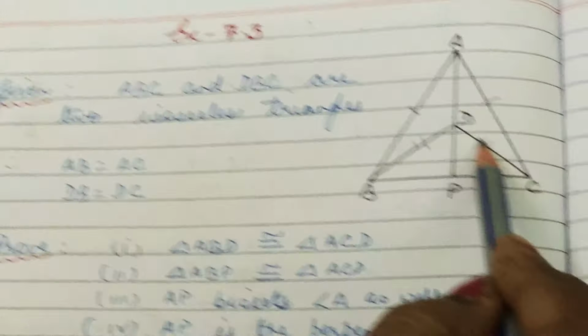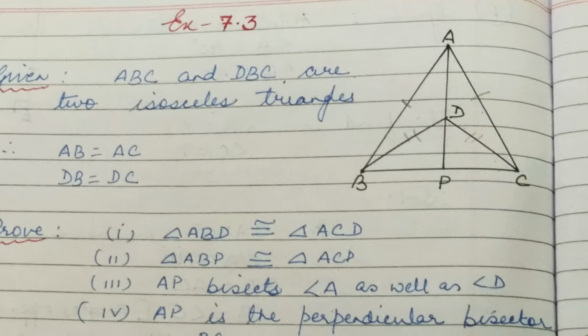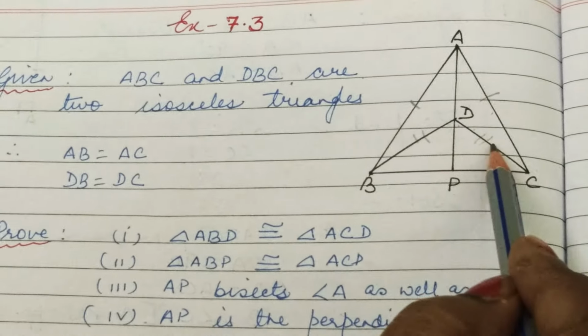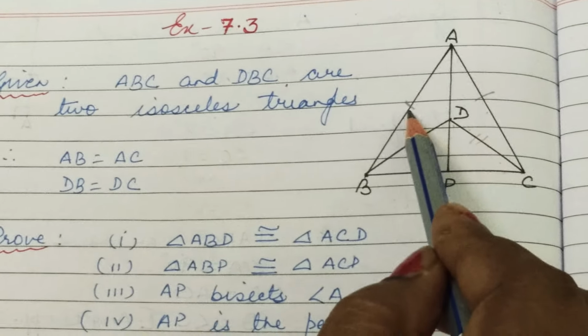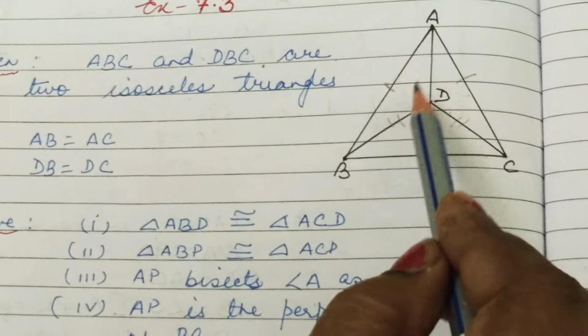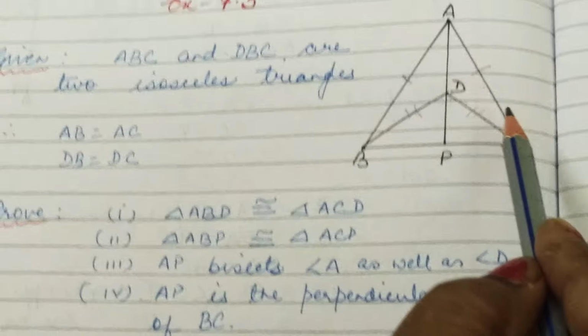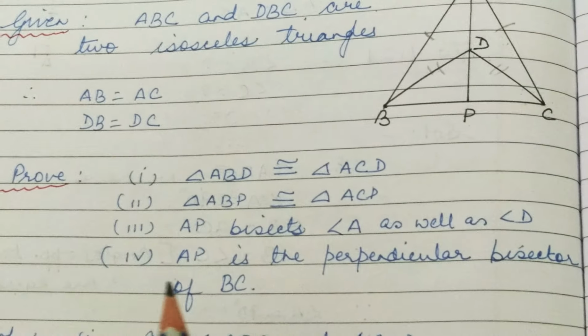BD equals CD because DBC is also an isosceles triangle. So it is also given, and AD equals AD, common. Therefore, the two triangles are congruent by side, side, side. That is the SSS congruency rule. Hence, proved.